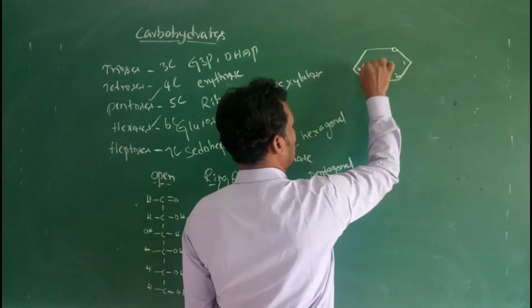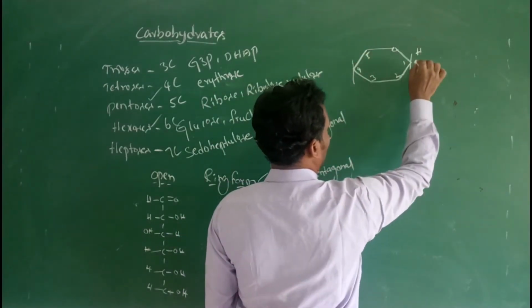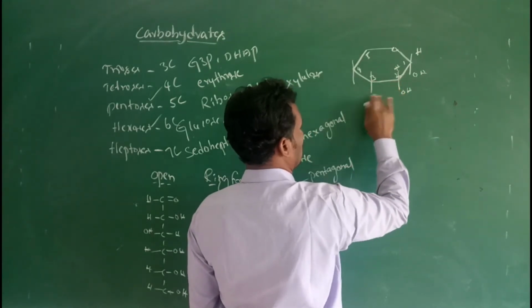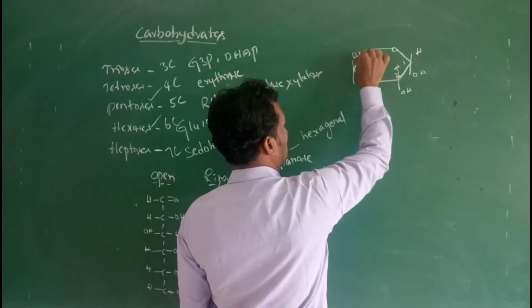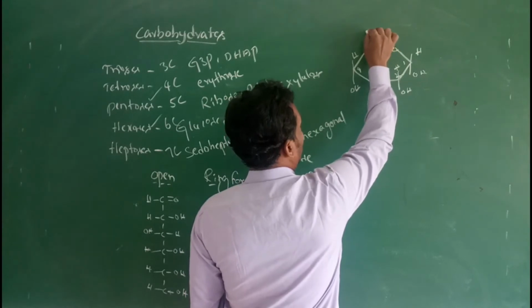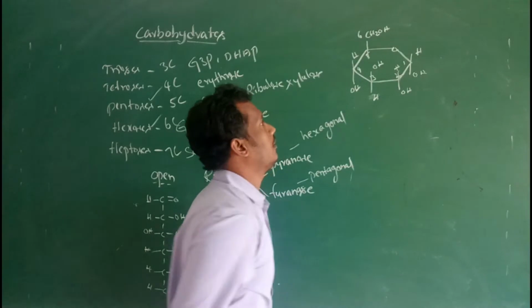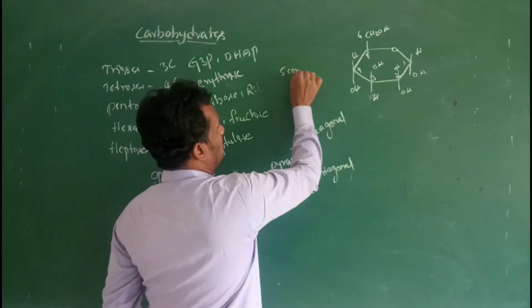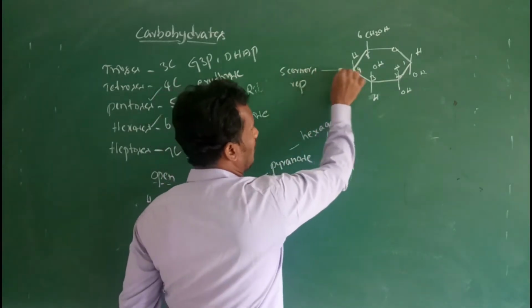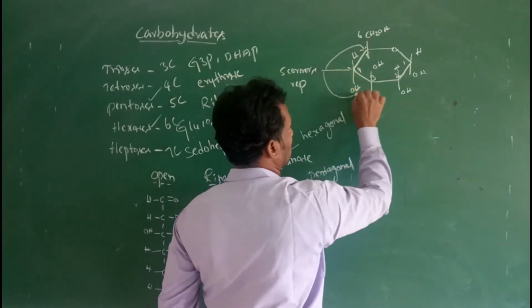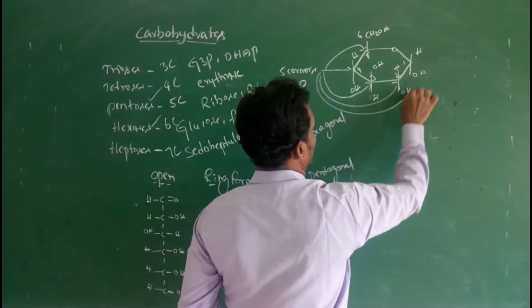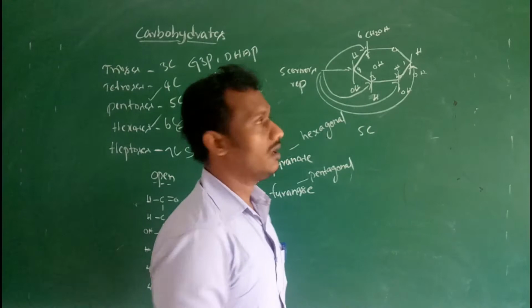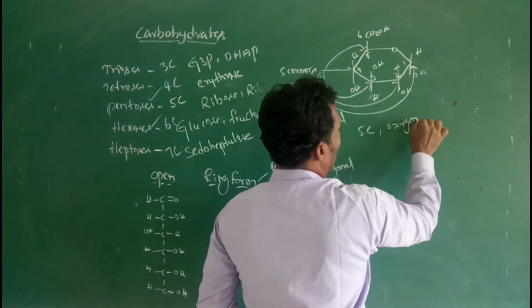In the hexagonal drawing, the 5 corners represent 5 carbon atoms along with 1 oxygen atom.